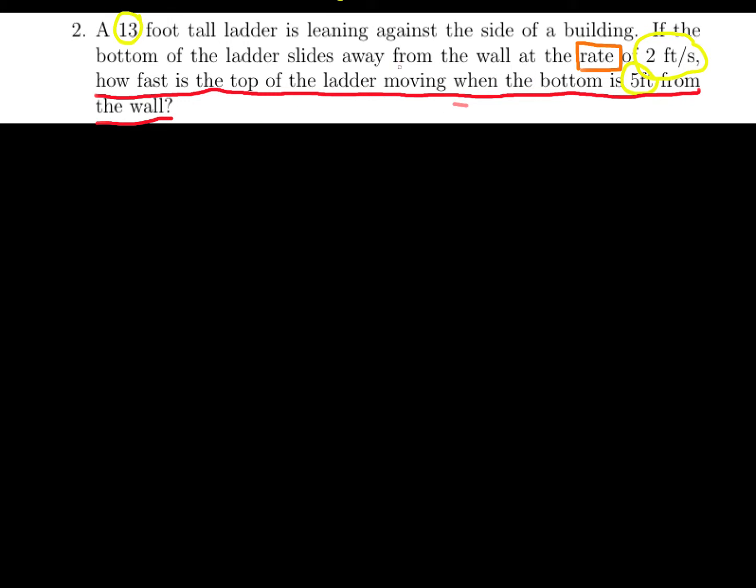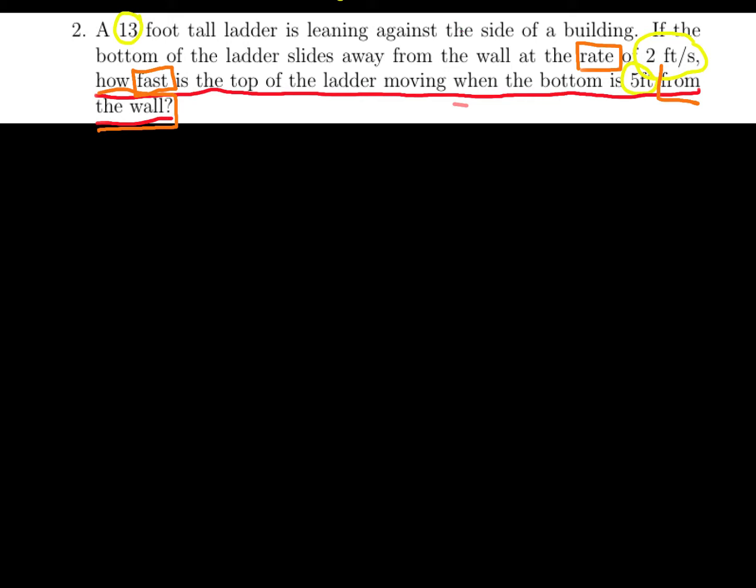So the bottom of the ladder is sliding away at a rate. How fast? That is just another form of rate. Speed, right? How fast is the top of the ladder moving when the bottom is 5 feet from the wall? And even this right here, from the wall, is a mathematical statement because that's distance, right? And we'll need to work that in.